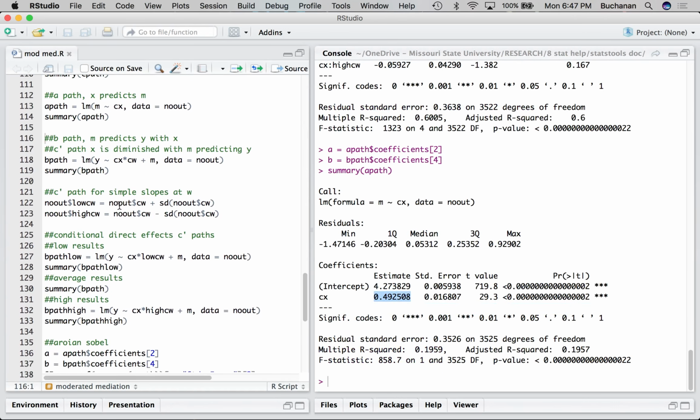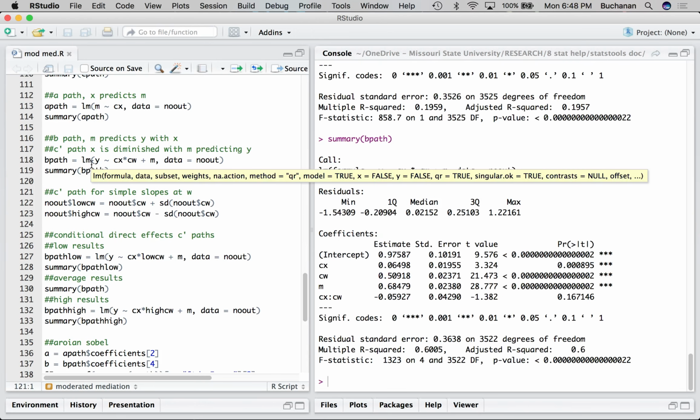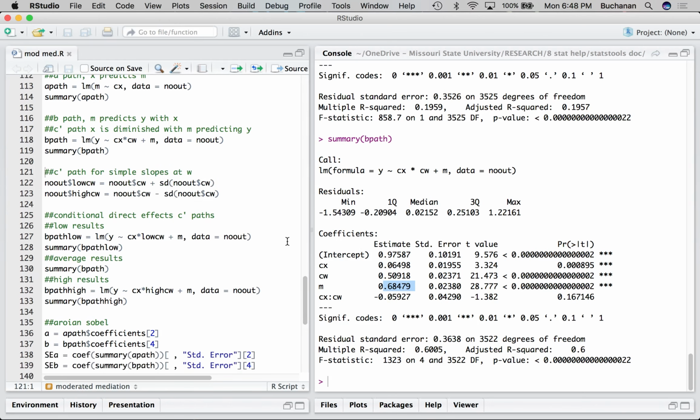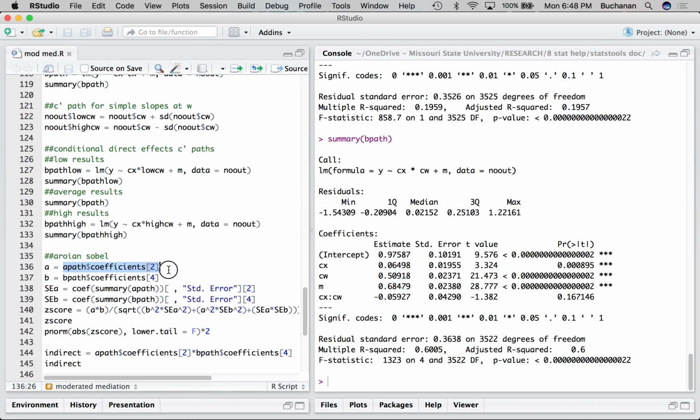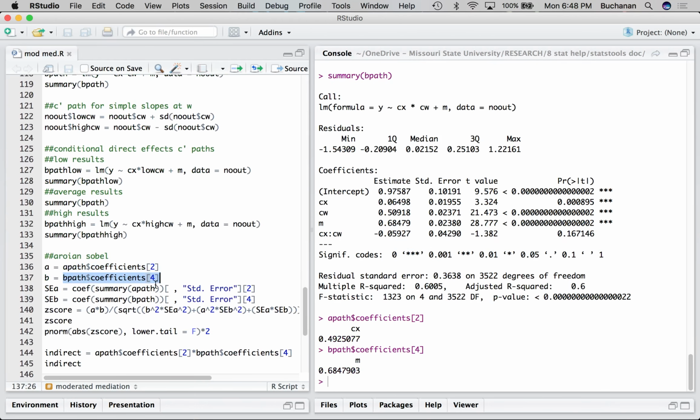Now the B path, for M, is M predicting Y, and that's this 0.68. I'm just using the R code here to pull those specific numbers. So X predicting M, M predicting Y.